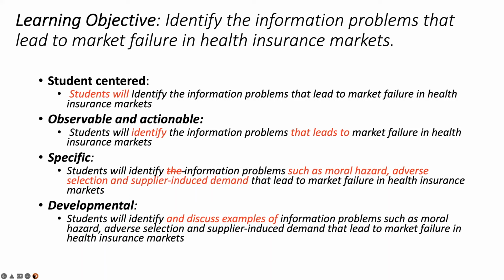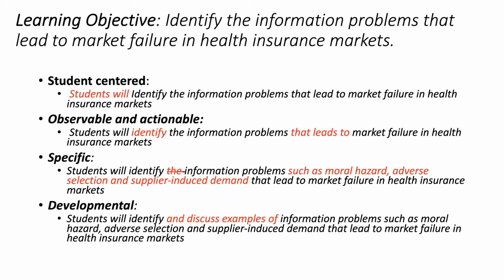Then the third step, ensure that the outcome is specific enough for students to describe what they are expected to do. In that step, I decided that just saying market failure may not be specific enough.